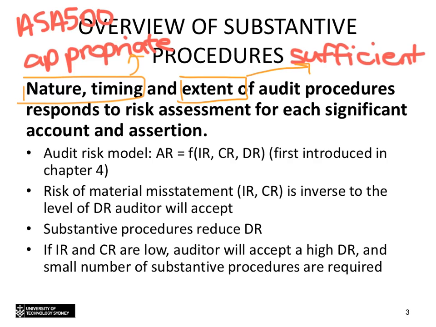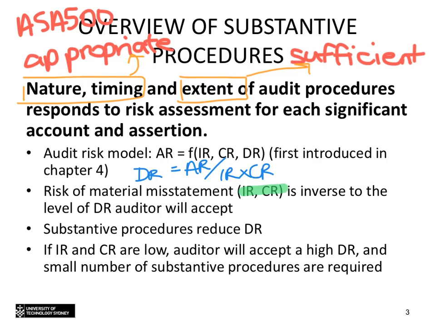Now we do have our audit risk model. We've looked at our audit risk model a few times. It's a function of inherent risk, control risk, and detection risk. And we also use it in this sort of format: detection risk equals audit risk over inherent and control risk. We also know that there are certain relationships that are predictable.